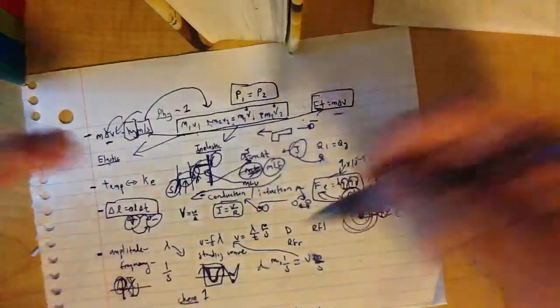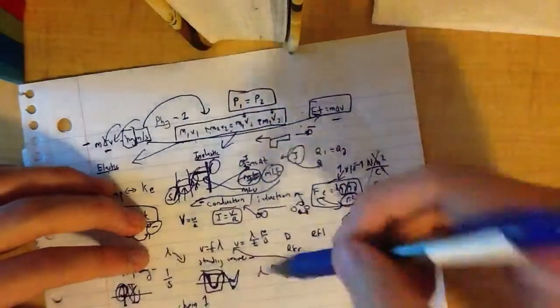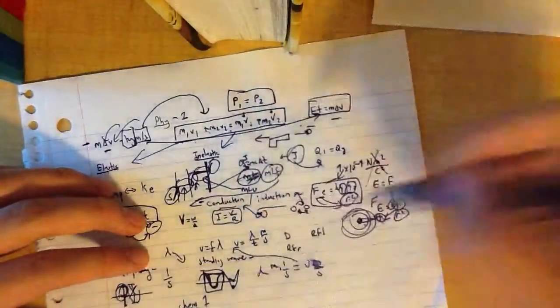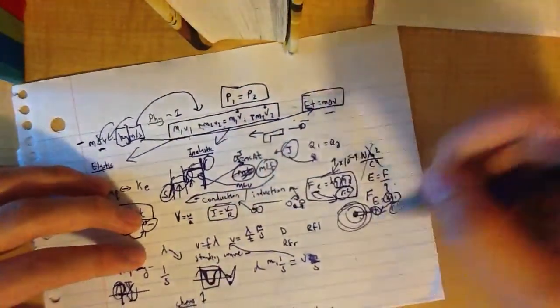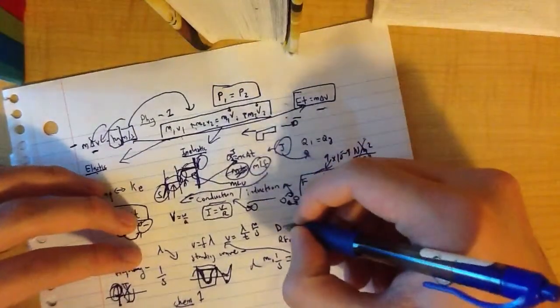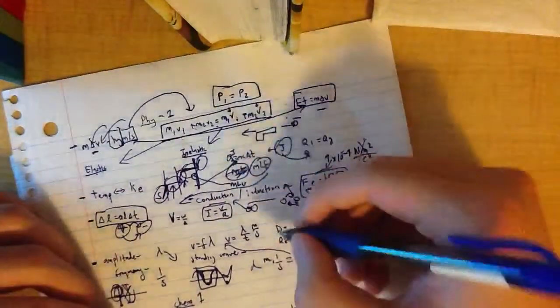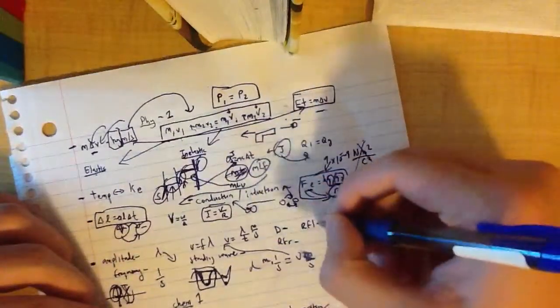Now we also have a standing wave, which is used to make music, but I'm not going to get into that either. So basically, there are three behaviors of a wave when it comes into contact with a surface: diffraction, refraction, and reflection.